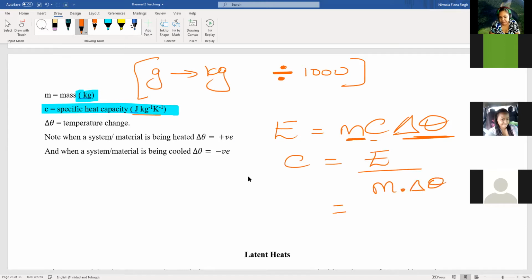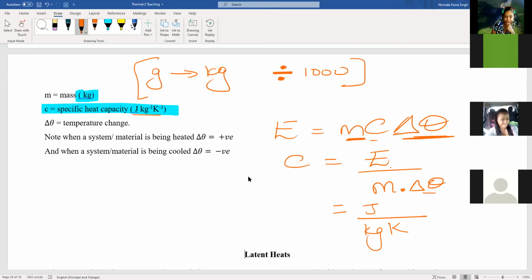If we put in our units, what are the units of energy? Joules, divided by the unit of mass, kilograms, and the unit of temperature, which will be Kelvin, because we are still using Kelvin. Remember, we said it's not necessary to do the conversion, but the temperature scale is still going to be in Kelvin.